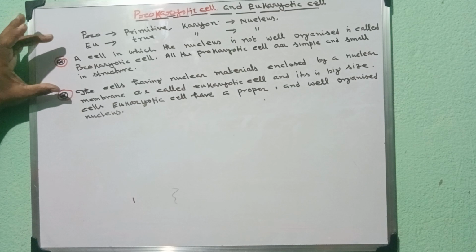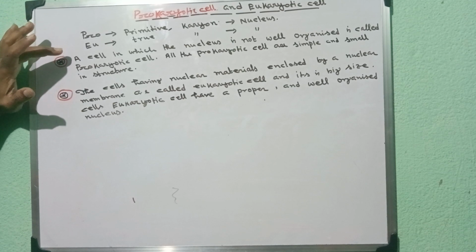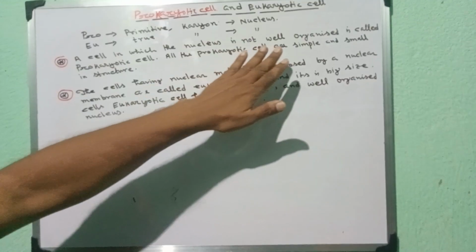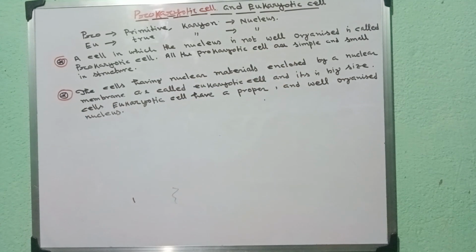So a prokaryotic cell is a cell in which the nucleus is not well organized.